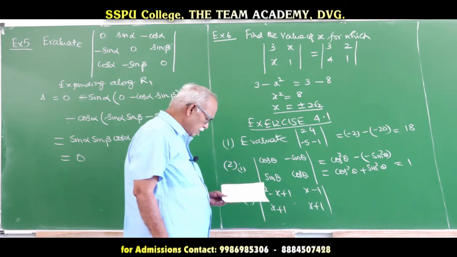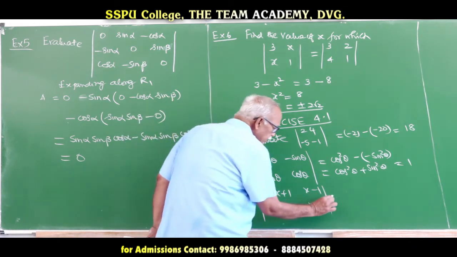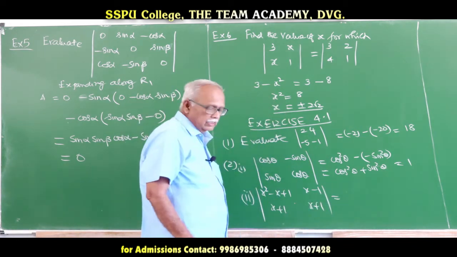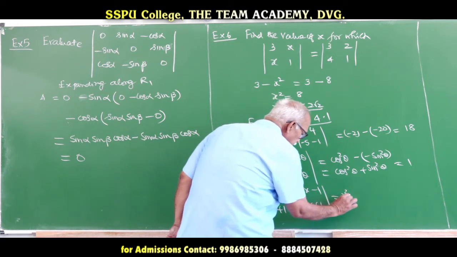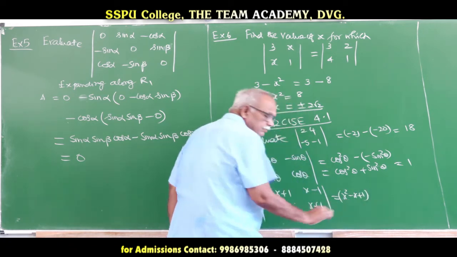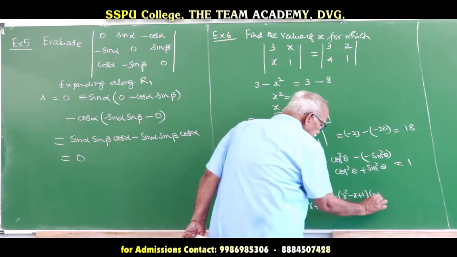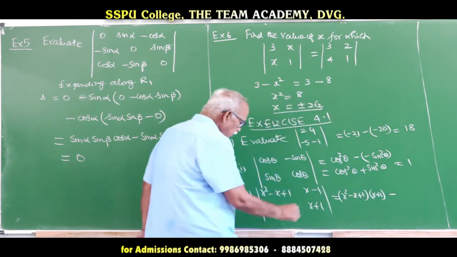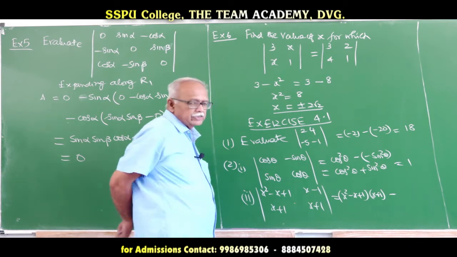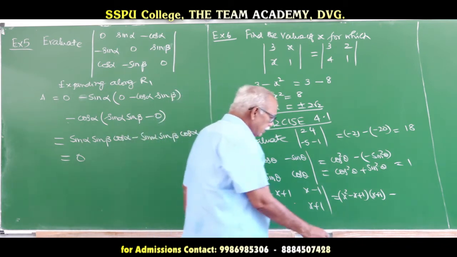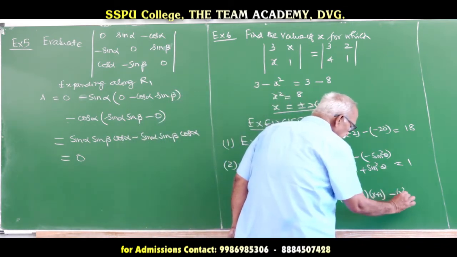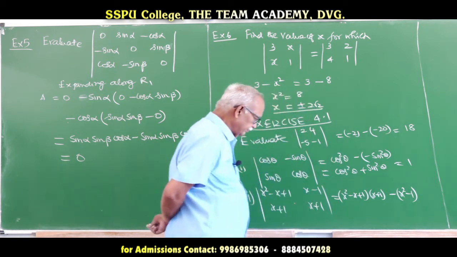So, how to expand this? X square minus x plus 1 multiplied by x plus 1, minus, when you multiply this x plus 1 into x minus 1, we get x square minus 1.